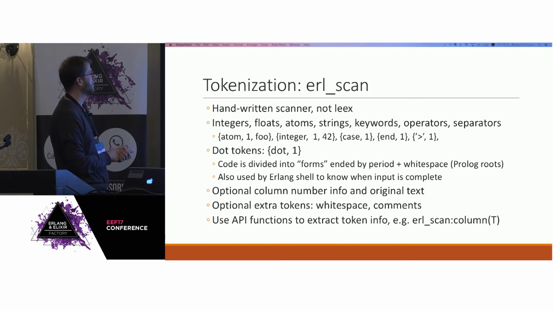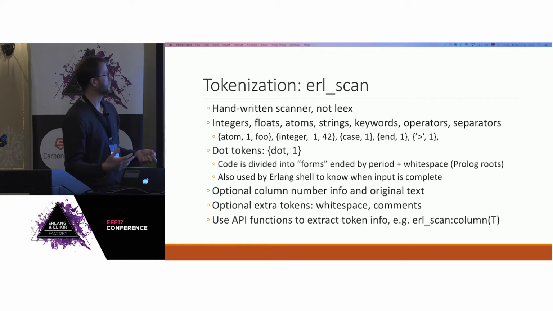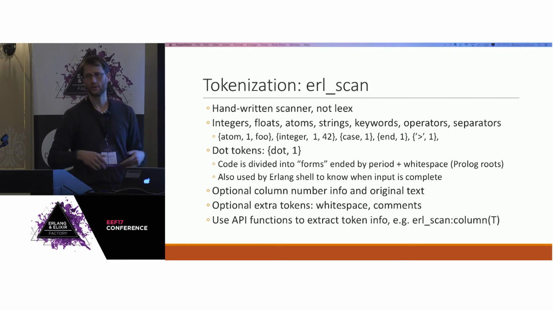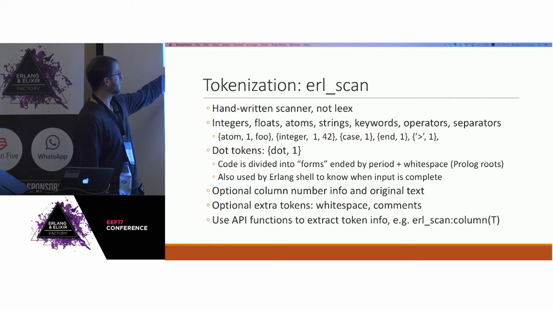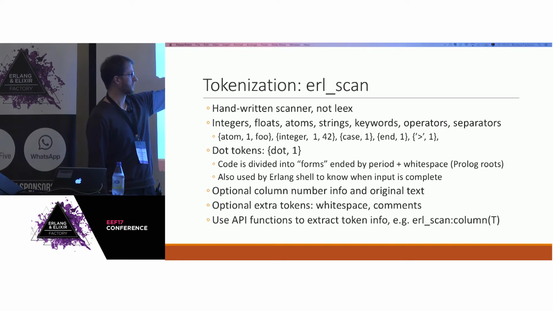Anyway, so this splits your character stream into a sequence of tokens. That's integers, floats, atoms, strings, keywords like case or end, operators like plus, separators like commas and parentheses. So you just get a list of tuples saying, okay, I saw an atom at line 1, and the atom was foo.